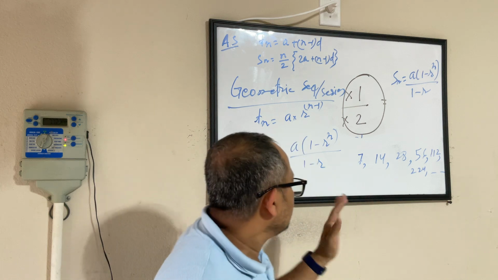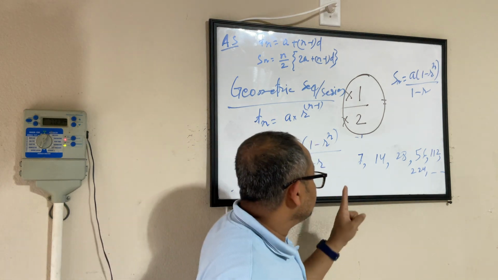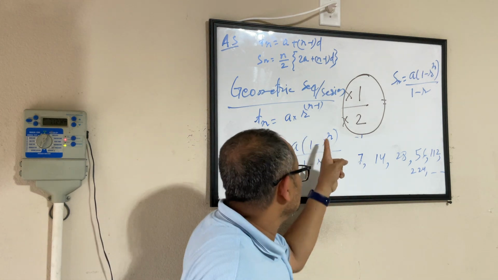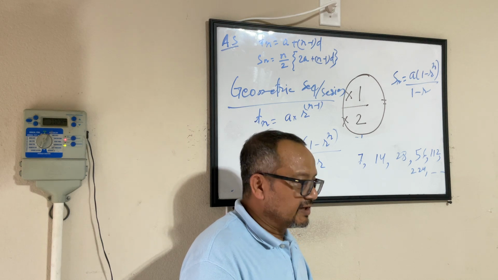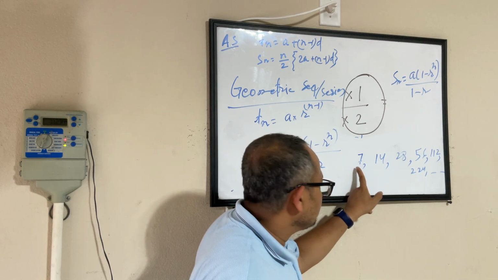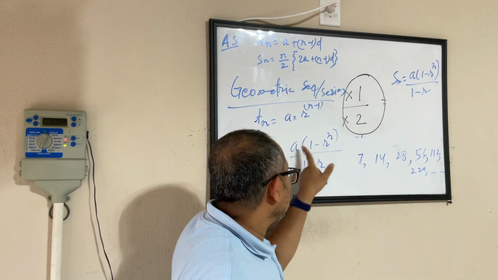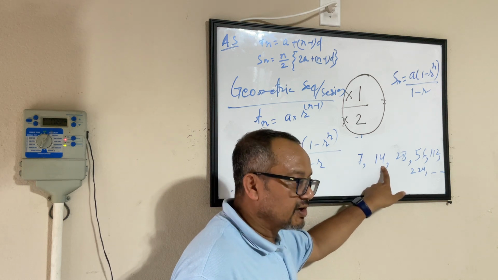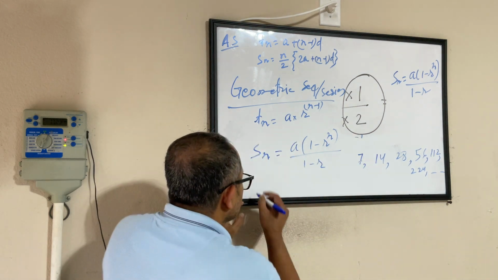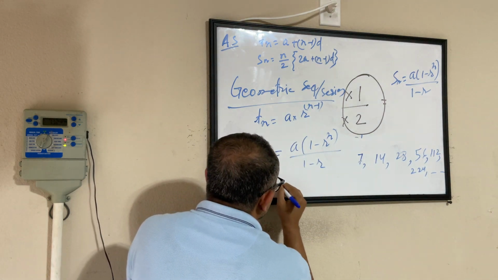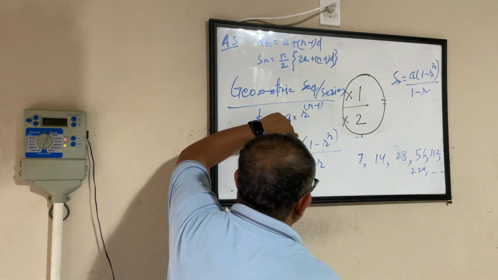If it asks for first 10 terms, it means we use n as 10. And we know our first term and our common ratio, if it's a geometric series. Let's say I have to find the sum of first 10 terms, what will that be? What is my A here?